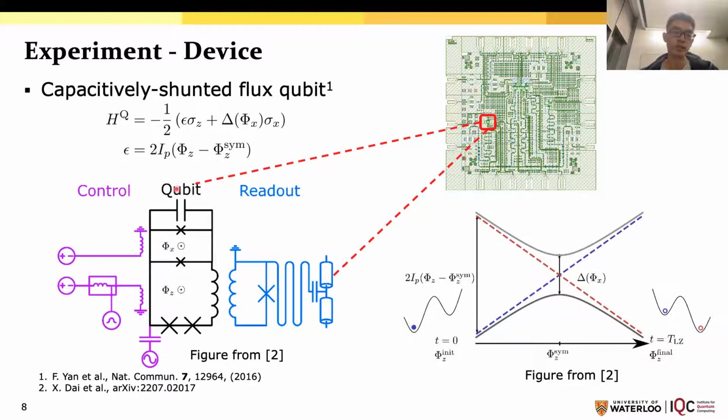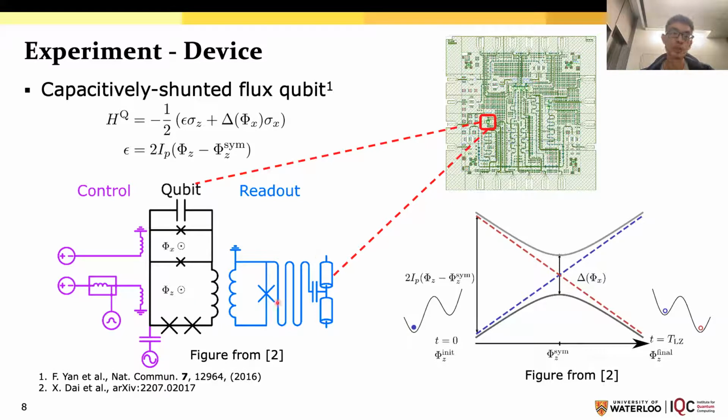Besides the qubit circuit itself, we also have the control elements, including bias lines for each of the loops, and a microwave drive that's capacitively coupled to the flux qubit, which allows us to do standard characterizations like spectroscopy and T1, T2 measurements.